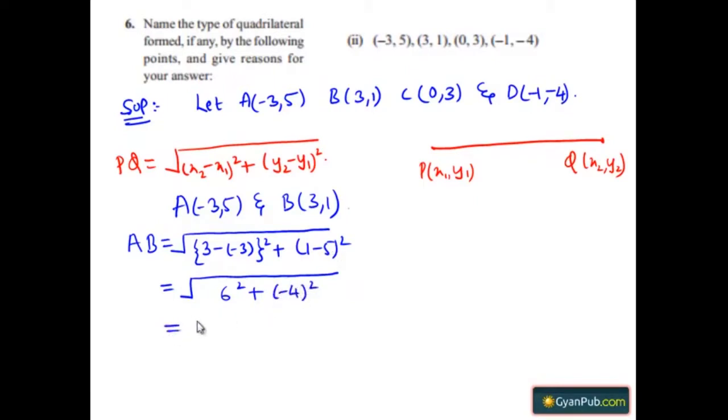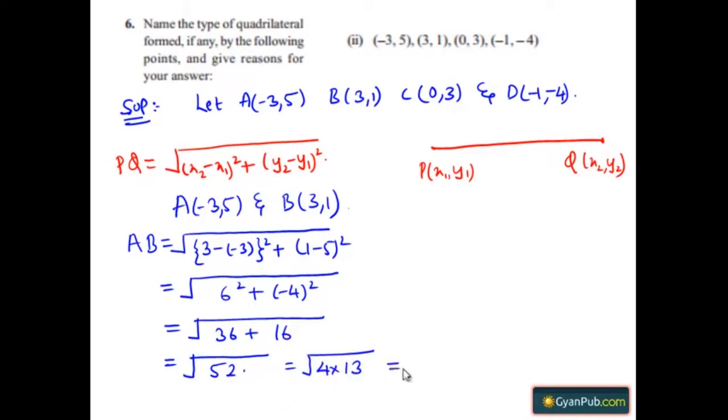That is equal to the square root of 6 square is 36 plus -4 square is 16, which is equal to the square root of 36 plus 16 is 52. We can write 52 as 4 times 13, which is nothing but 2 root 13.